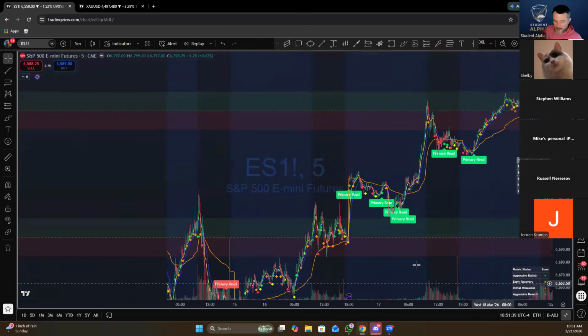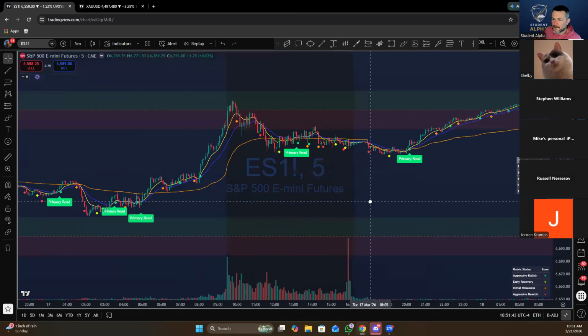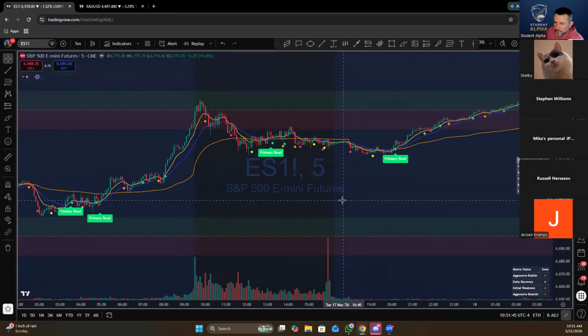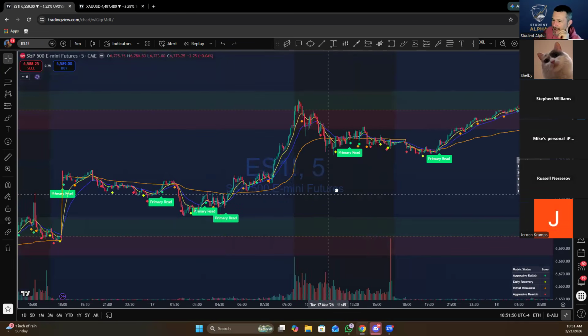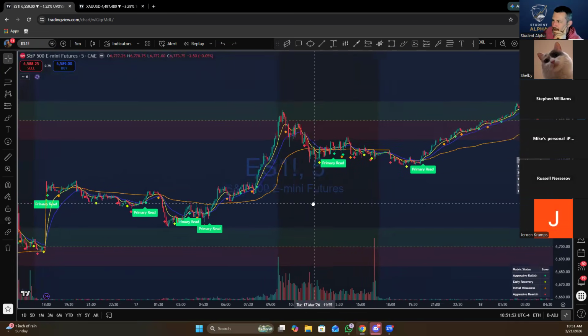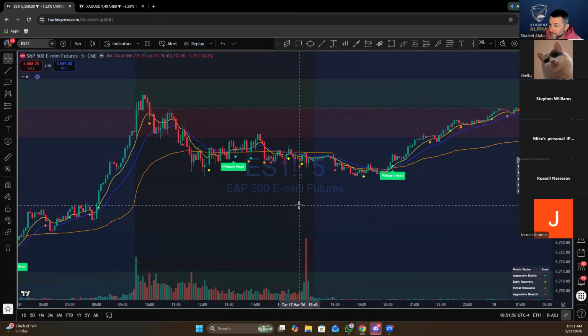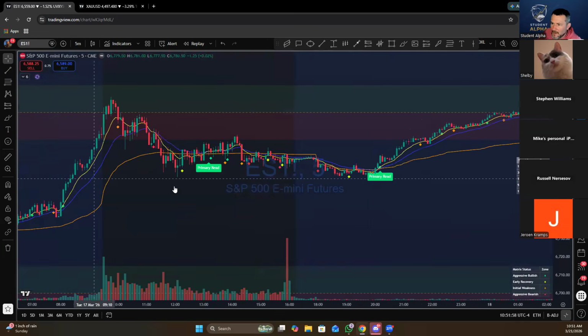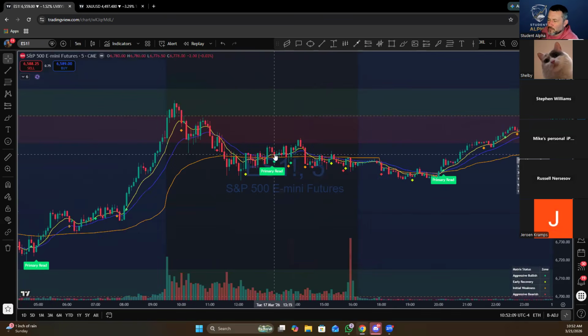Buy signals. Let me see if I can find some. There we go. Had to scroll back far enough that we had a positive market. Here's a great example. Look, here's a primary read long. We're above bias, below VWAP.